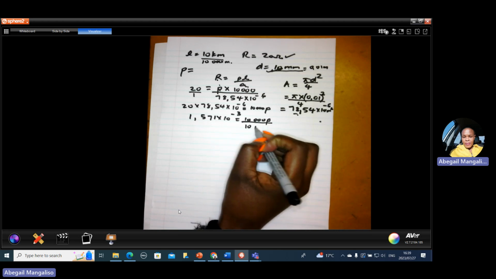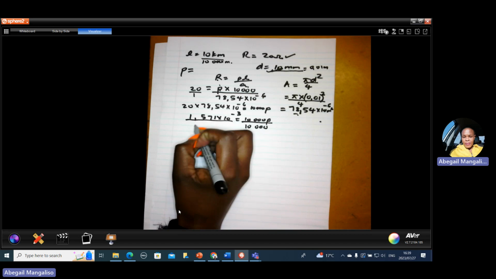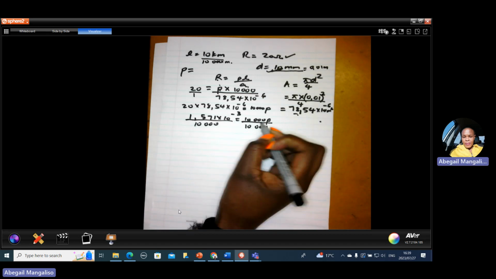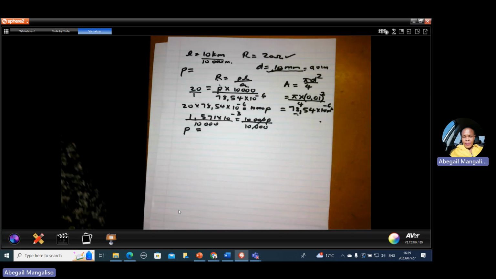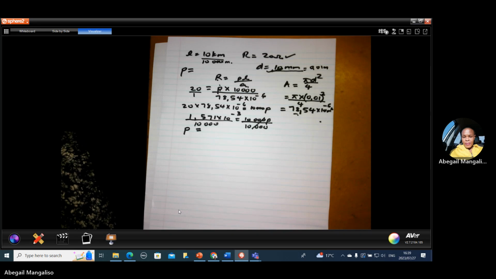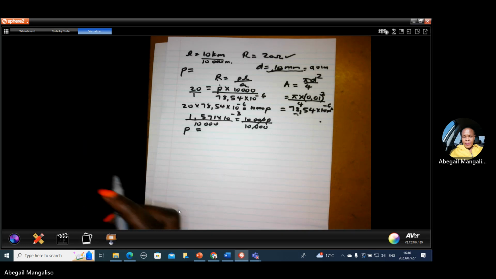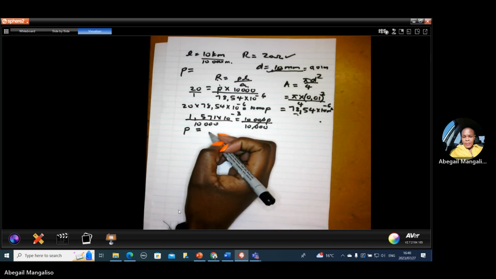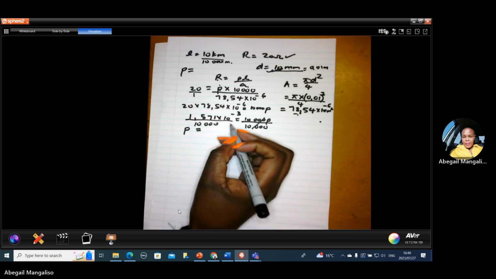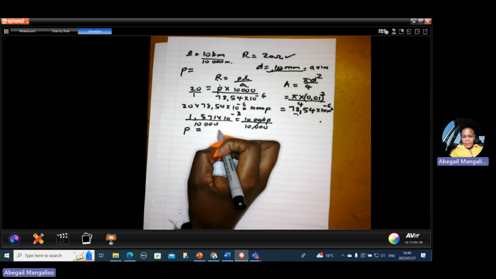Divide both sides by 10,000. Cancels out. We can put this on the left-hand side, resistivity equal to, you can write the answer your calculator gives you.